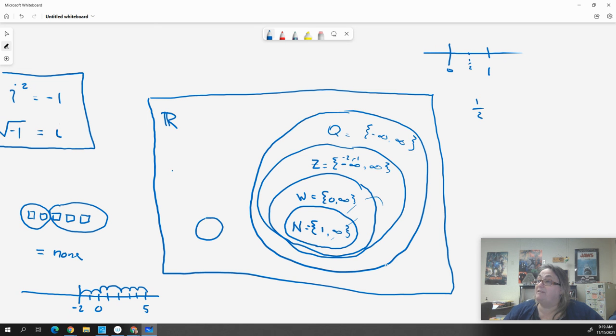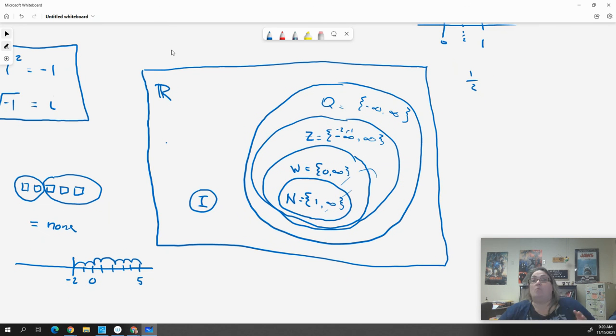In here, we also have the irrational numbers, which are like pi and the square root of 2 and things like that that can't be written in the form of a fraction, right? So this is the real number system right here. We thought that mathematics revolved all around that because that was all we knew back in the day.